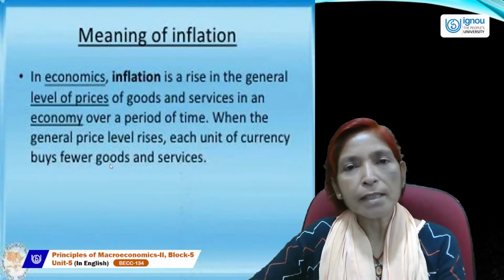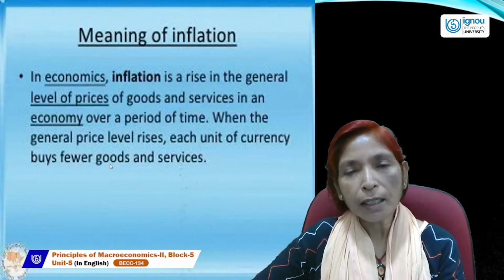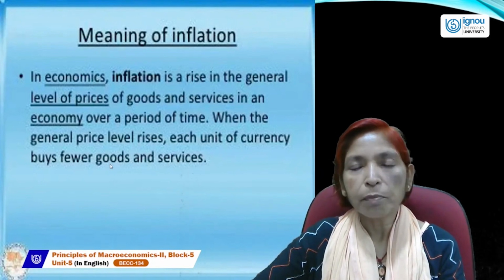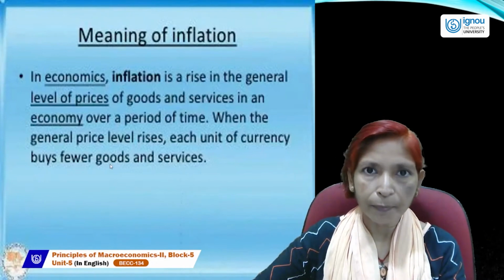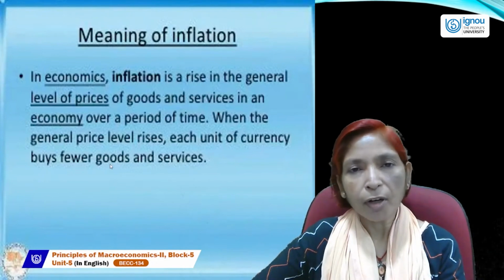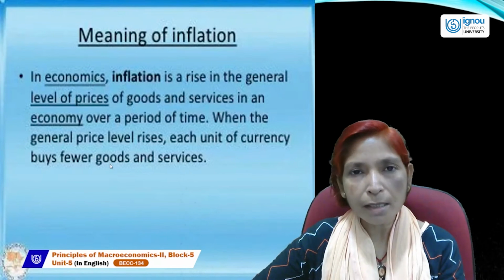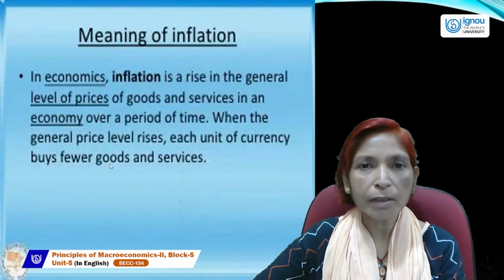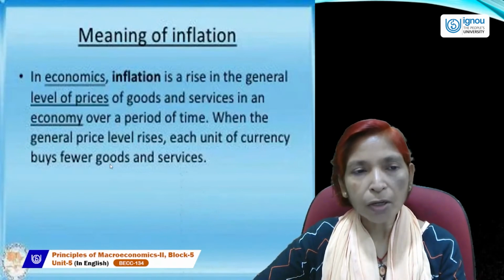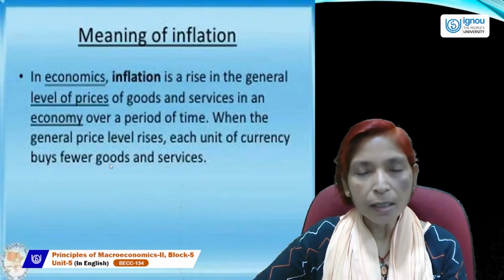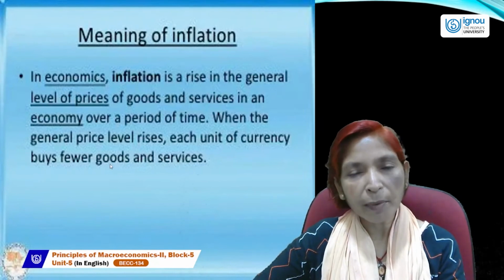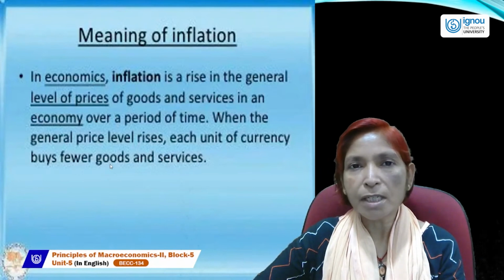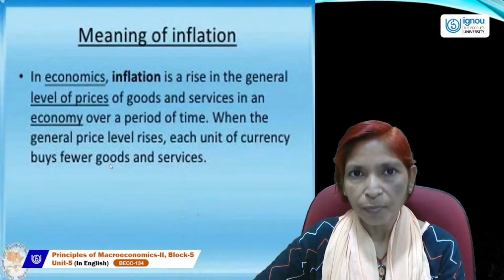When the general price level rises, each unit of currency buys fewer goods and services. It's a simple phenomenon. When price level increases, then our purchasing power will fall, because our income is called nominal income, which is received by us in the form of wages and salaries.